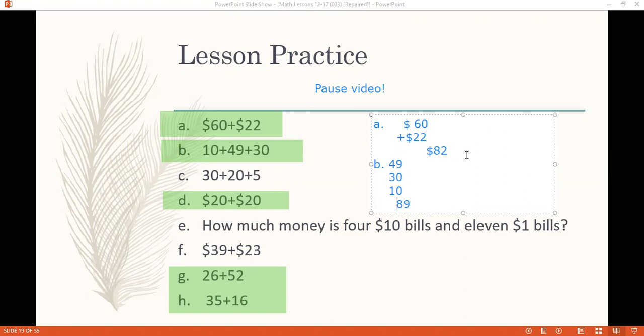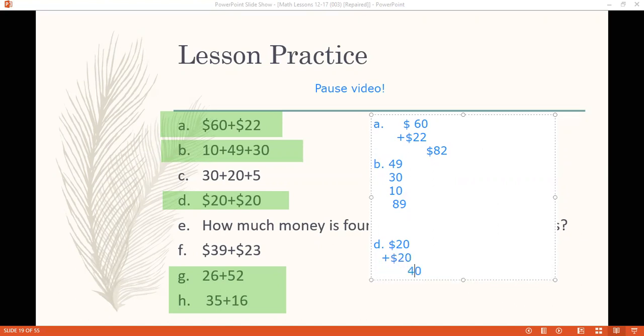So the sum of 49 plus 30 plus 10 is 89. And number C, or I'm sorry, we did C, number D, 20 plus 20. 0 plus 0 is 0, and 2 plus 2 is 4. So our sum of 20 plus 20 is 40.